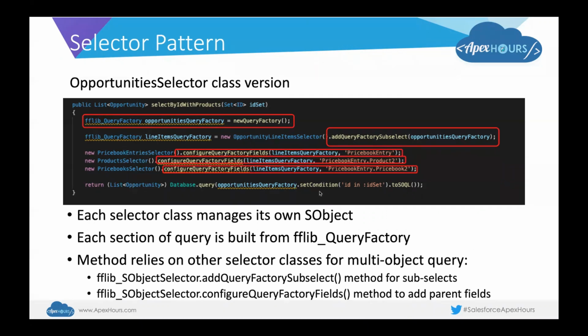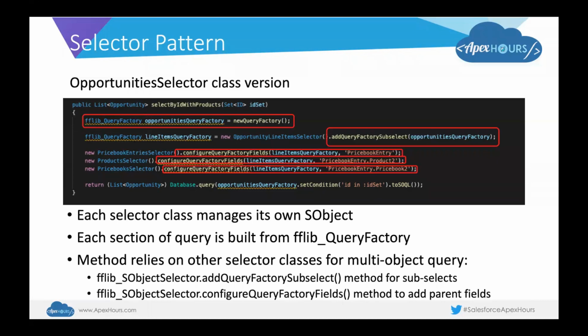You give it finally a condition, set condition where ID in ID set, and then you execute this small method right here, toSOQL. That basically returns a string that the core database query method can utilize, and it'll do the query, and you cast it to a list of opportunities, and you return that list of opportunities.